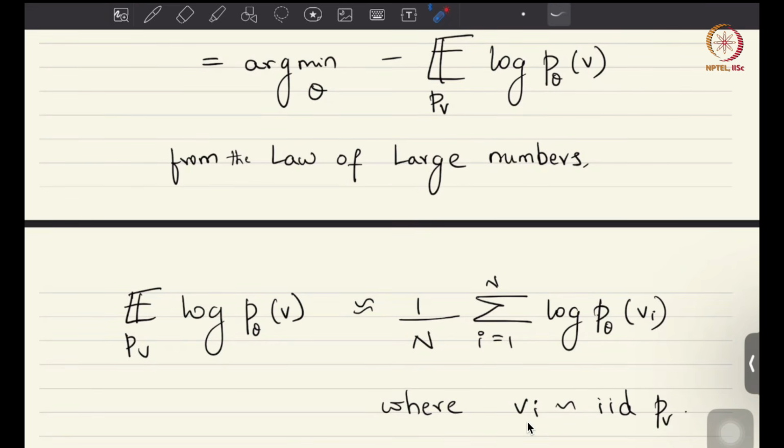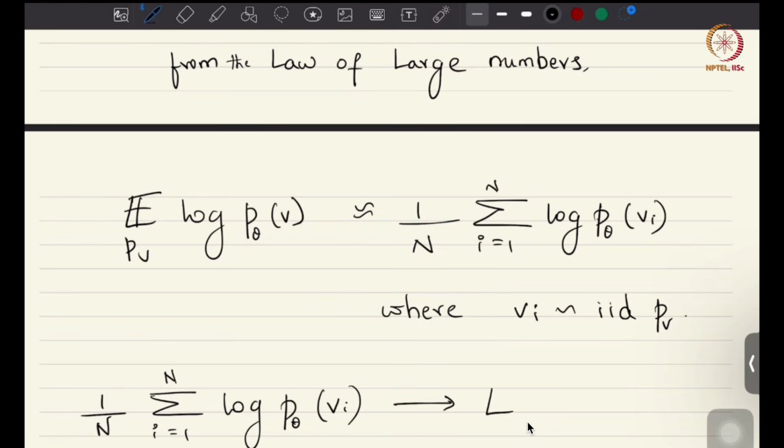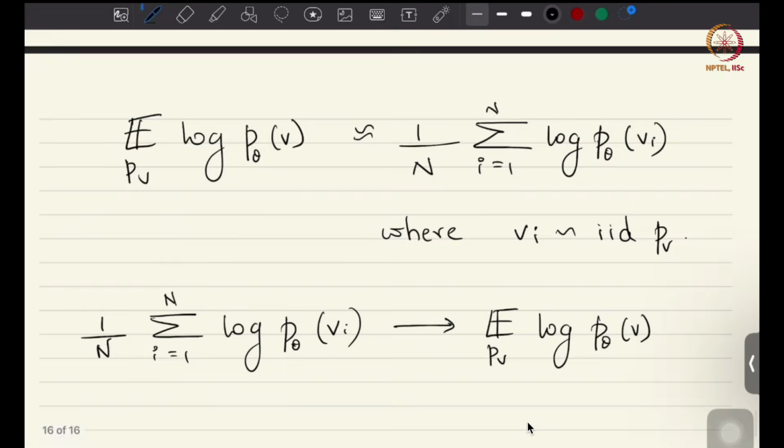So now the law of large numbers says that this particular estimator converges to the true expectation as n grows.